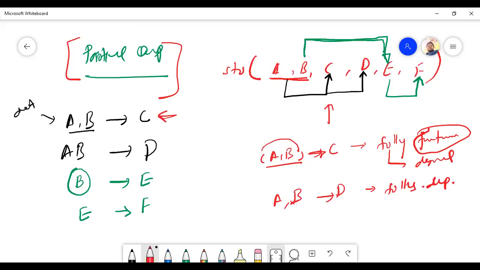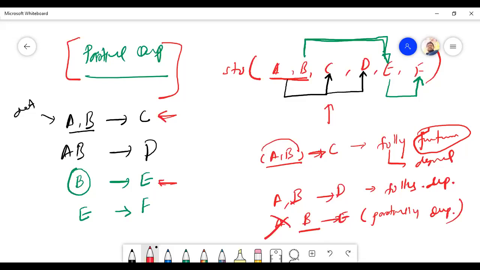Take the E. E is depending on only the B, not the A. Here we are telling partially depending. So this is partial dependency.